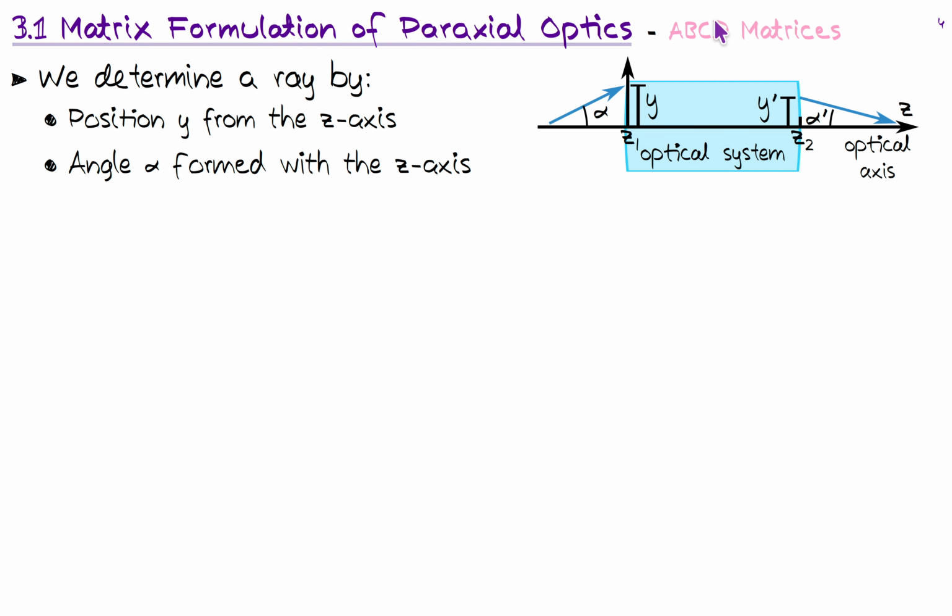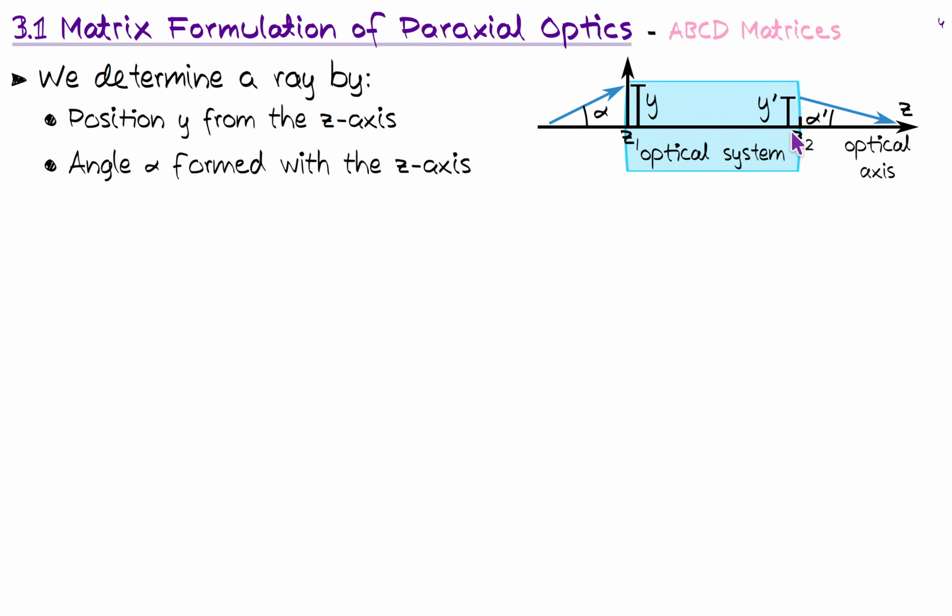This figure describes how we describe a ray propagating through an optical system. We start at a given plane, where the distance from the optical axis is denoted with the parameter y, and the ray propagating from here onwards propagates at an angle alpha on this plane z1.